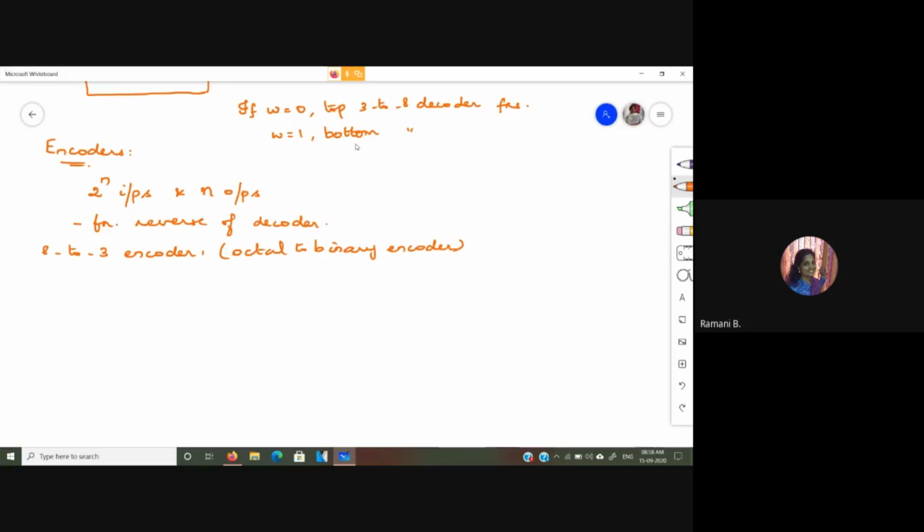Okay, so here let us consider D0 to D7 as the inputs, D5, D6 and D7. These are your inputs. And let us consider X, Y, and Z to be the outputs. So here you are going to have only one value to be 1 at a time.